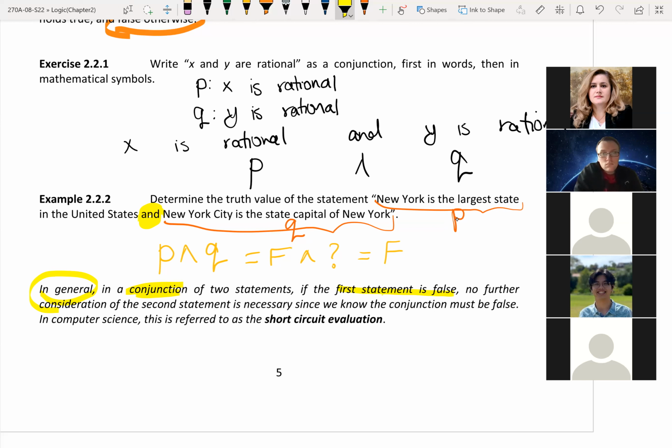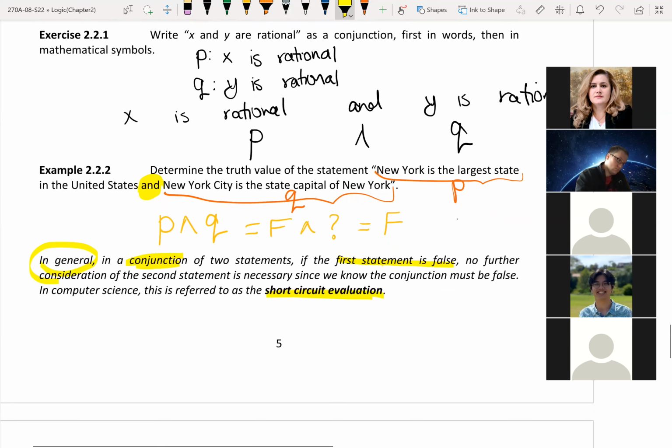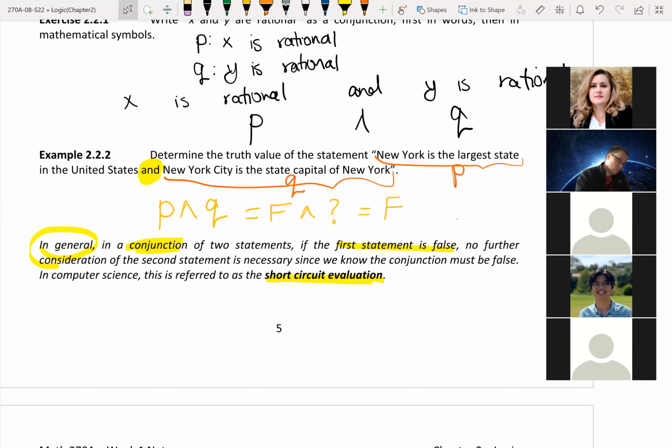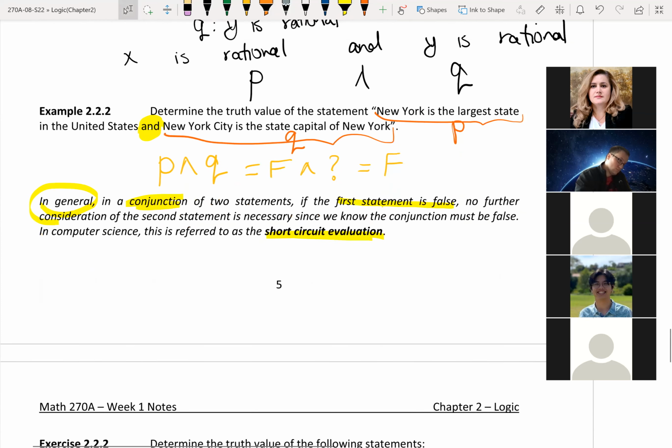This method, where we don't care about the rest of the terms because false and anything else is false, is called short circuit evaluation.